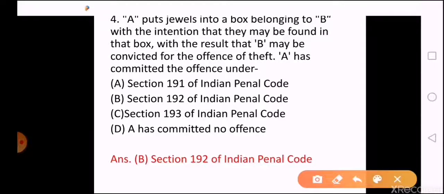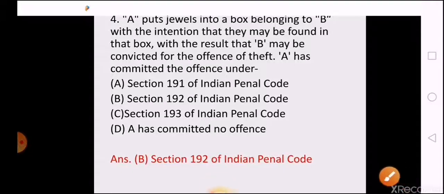Now here you have to see section 192, and this is illustration A of section 192 which I have taken, and this was also asked in the UP-PCSJ examination in 2012. So, this is a favorite question of UP-PCSJ, and you have to look at it once and go through illustration A again in section 192. So, everything will be clear.